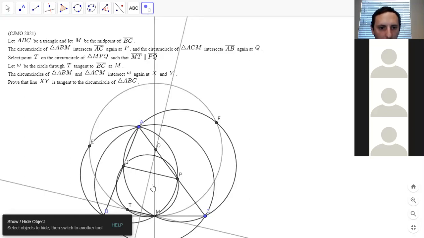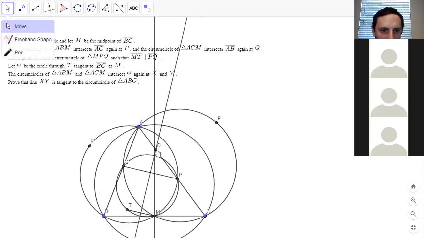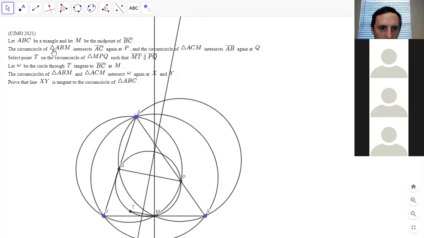Yeah, so these two, oh, you're right. D should not be the center. It looks almost like the center is on the circle itself. So I guess we could prove that. Yeah, it looks like the center is here.